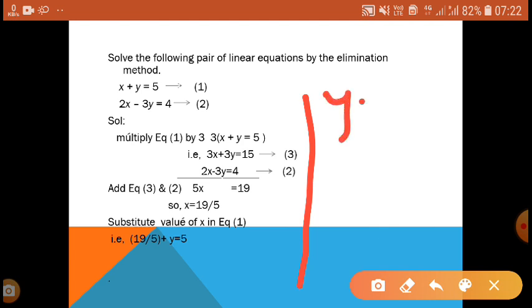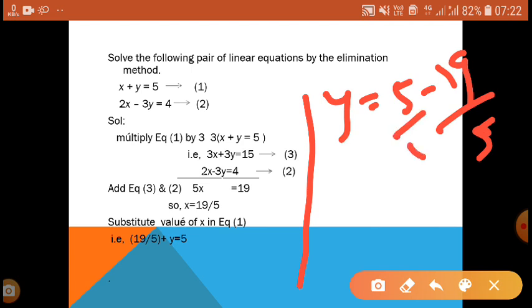Then y equal to 5 plus 19 by 5. When it goes to the other side, it becomes minus 19 by 5. So y equal to 5 minus 19 by 5. Now can we directly subtract? No. Why? Because here the denominator of 5 is 1 and the denominator of 19 by 5 is 5.